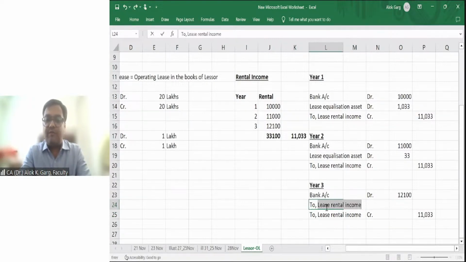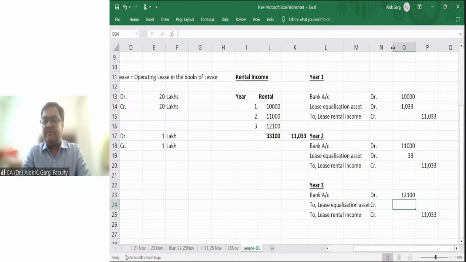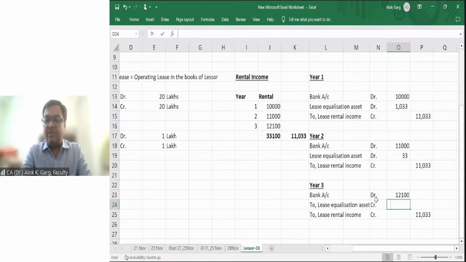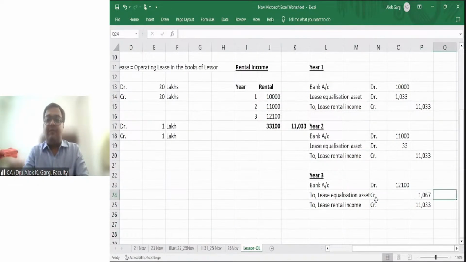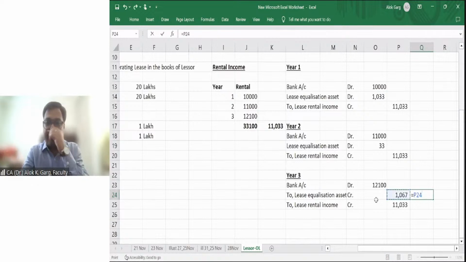So to lease equalization asset, now I will credit this asset. 12,100 minus 11,033 is 1,067. If you see, this lease equalization asset has been knocked off. 1,067 minus 33 minus 1,033. Whatever I created in year 1 and year 2 has been nullified in year 3.